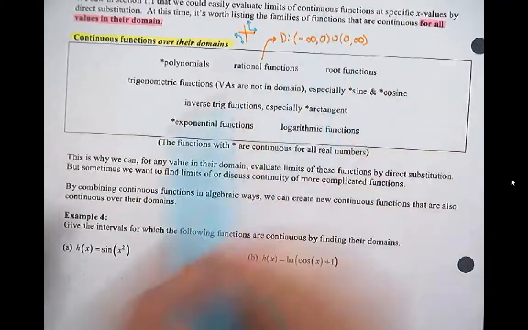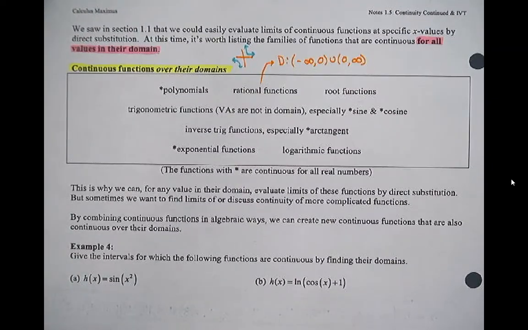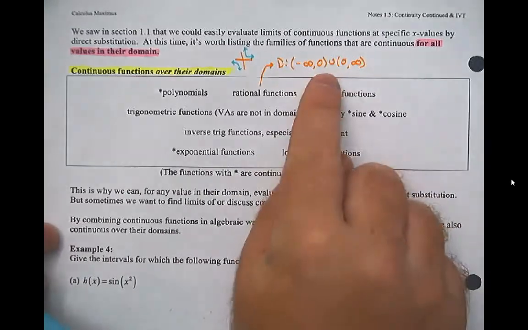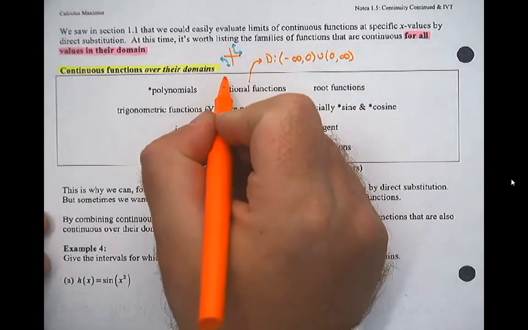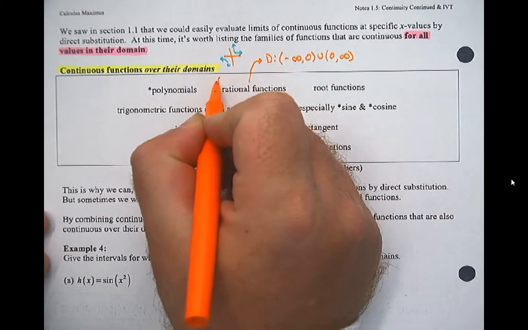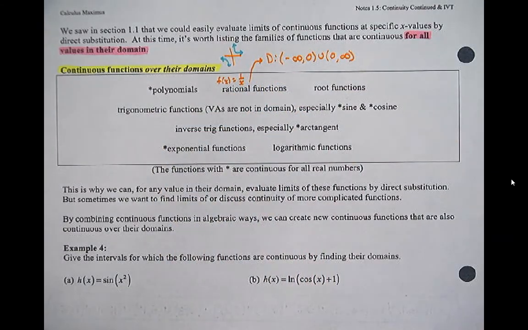Over its domain, the rational function is considered continuous. Take a reciprocal function, f of x equals 1 over x. 0 is already eliminated from the domain, so you can consider that to be a continuous function.